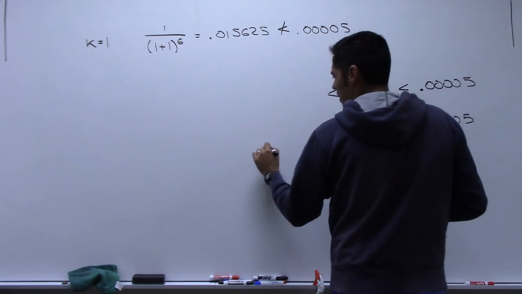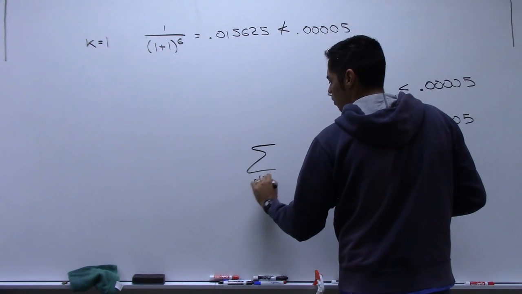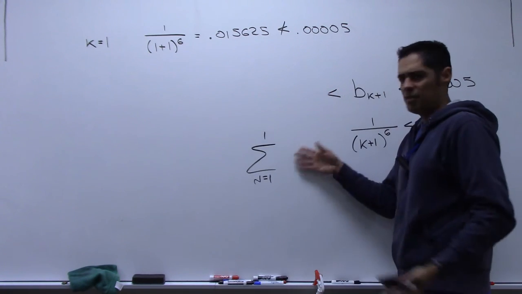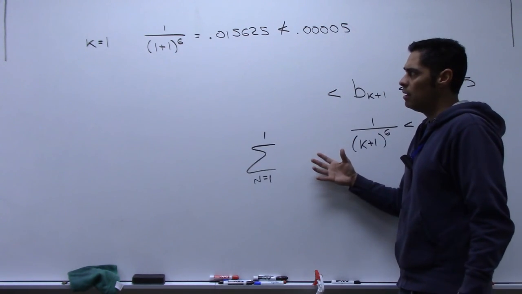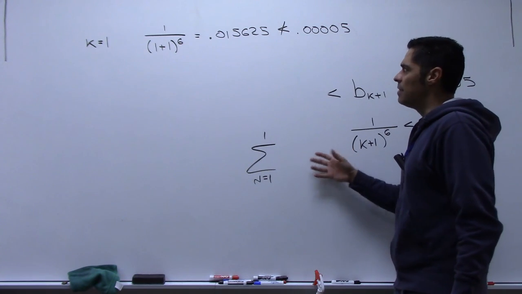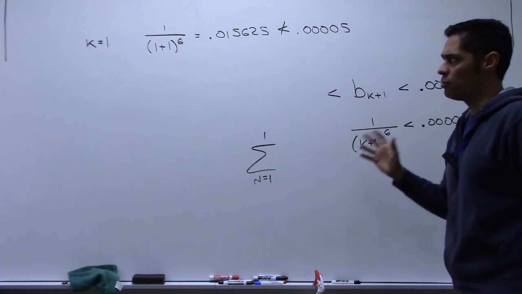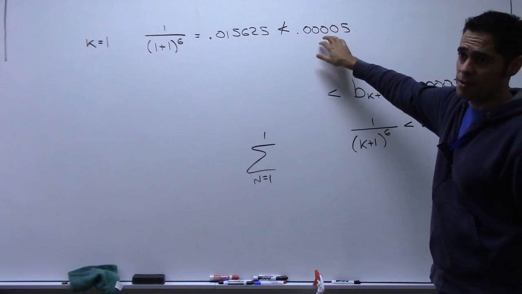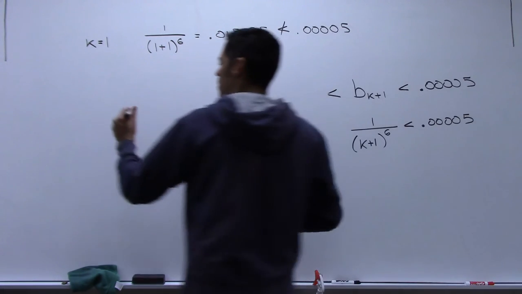That means when I'm taking that sum, starting at n equals 1, if I stop at 1, which means I just take the first number and don't add anything else to it, it's not going to be close enough to the true sum. Not as close as I want it to be. So I need to go with a bigger k.